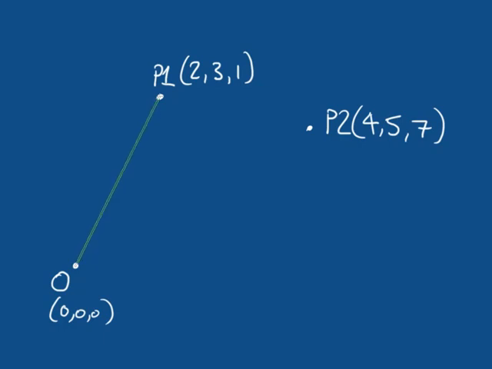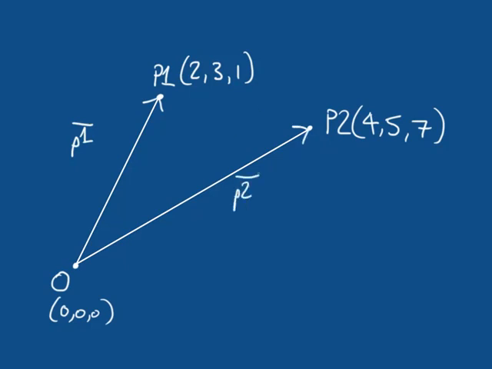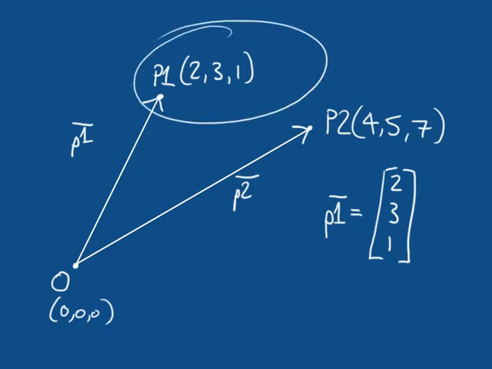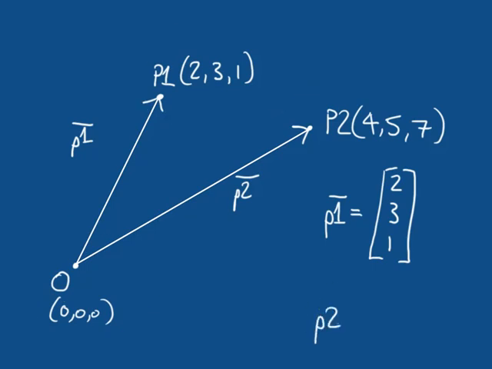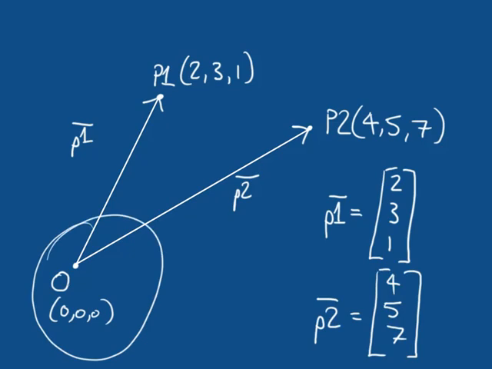If we had a position vector that represents P1, we could call it lowercase p1, and for P2 we could call it lowercase p2, and of course these are vectors. p1 is going to be equal to the vector 2, 3, 1, because it travels from the origin 0, 0, 0 to the point P1, which is 2, 3, 1, and p2 is going to be the vector 4, 5, 7, because again it travels from the origin 0, 0, 0 to the point P2, 4, 5, 7.